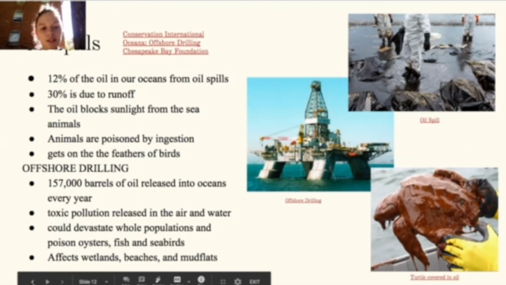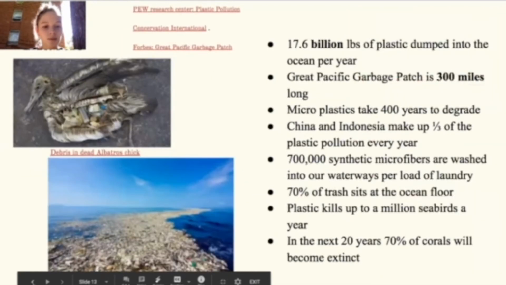They can also release volatile organic compounds along with greenhouse gases, which directly affects climate change. Even a small oil spill can devastate a whole crab population and poison oysters, fish, seabirds, and marine mammals. Not only can this affect animals, but it can devastate wetlands and beaches.